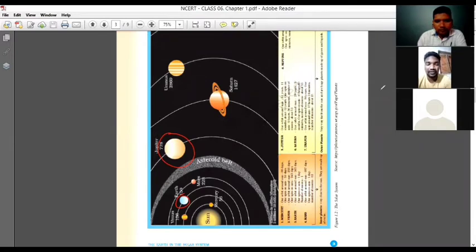On Earth we have only one satellite, that is the Moon. Jupiter has the maximum number of satellites. Then Saturn also has some satellites. Okay, please go up.